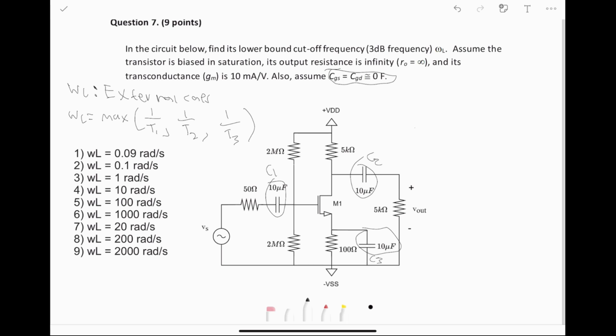Starting with C1, we can draw an equivalent circuit here and say that C1 sees a 50 ohm resistor right here. This source we can turn off. Same with these sources, we can ground these like we do in the other problems.